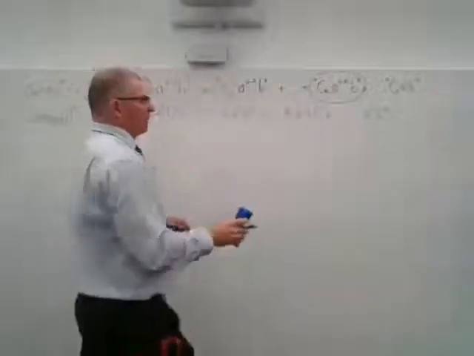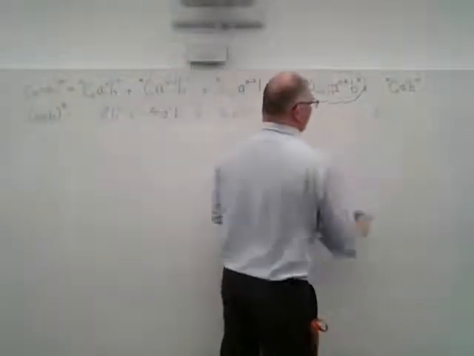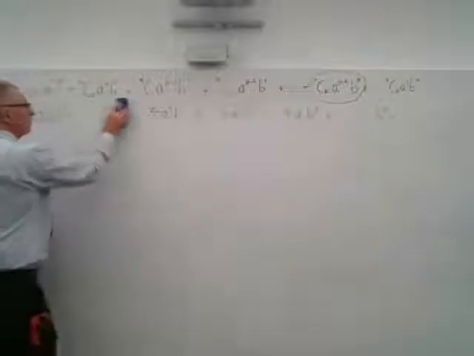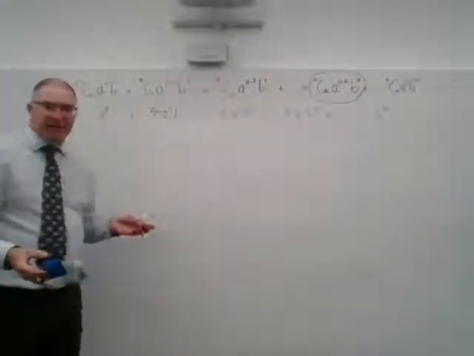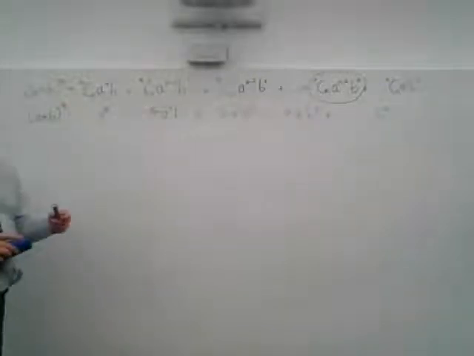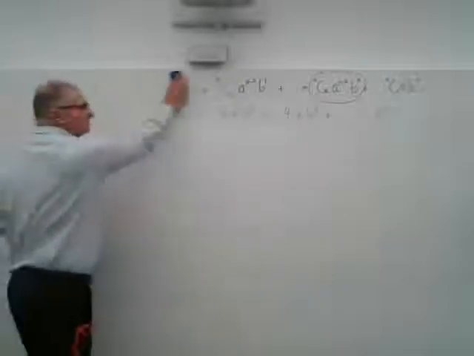So a to the naught is 1, b to the naught is 1. So that might be what the expansion of (a plus b) to the 4 might look like. So that's the first thing that we need to be able to work with, binomial expansions.